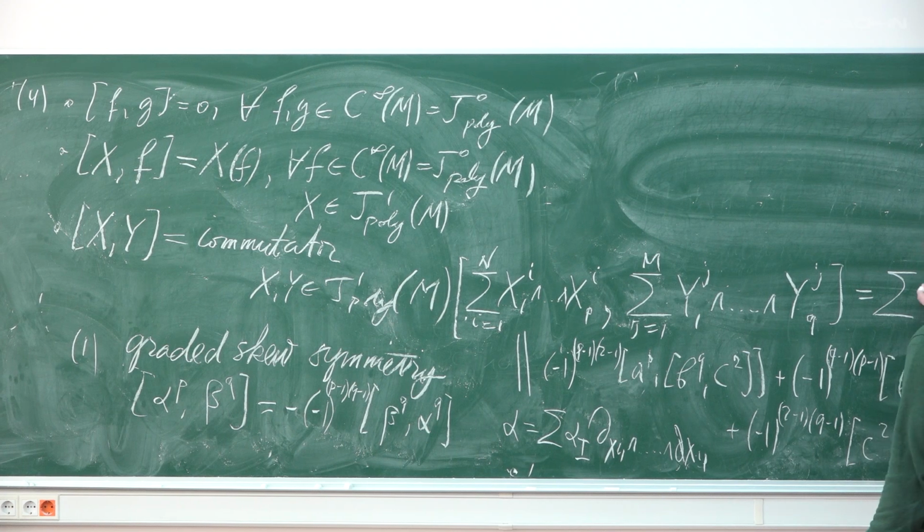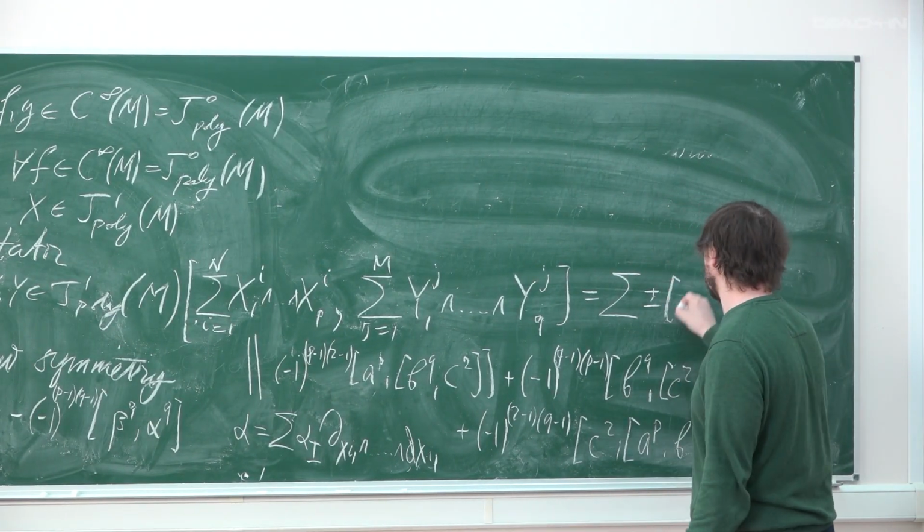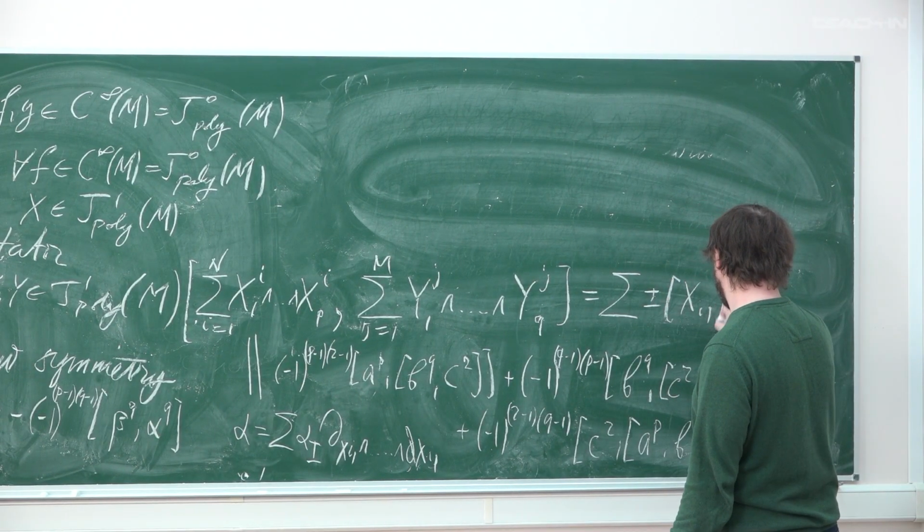Actually, it will be equal to a sum, with certain signs, of [X_i, Y_j] with all the rest.